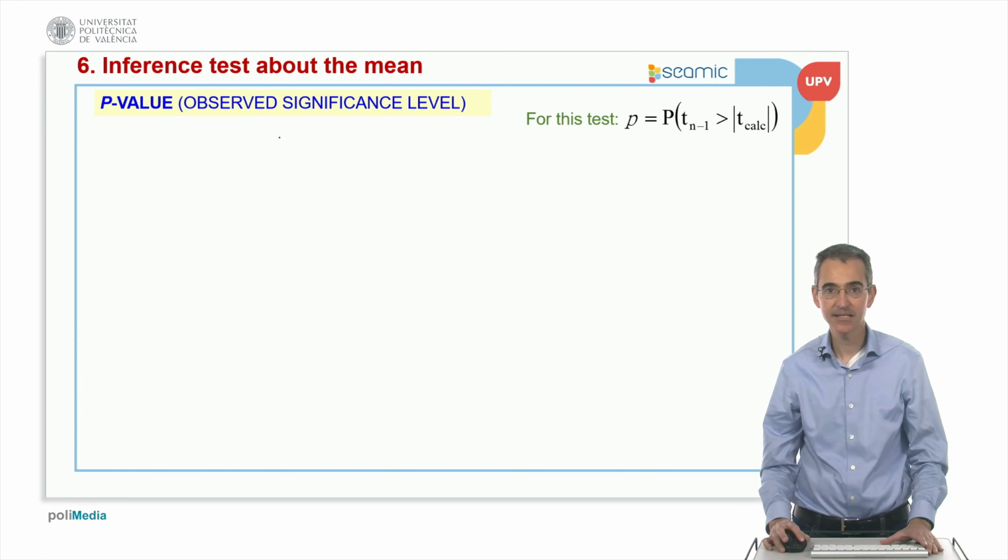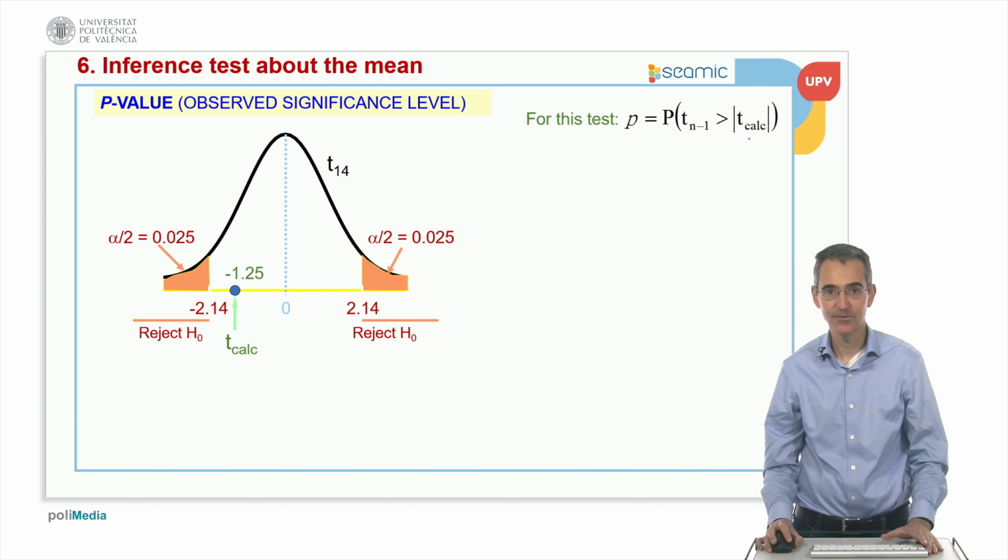In this kind of test, the p-value is computed as the probability that a student t-distribution with n-1 degrees of freedom is bigger than the computed t, in absolute value. What does it mean? Maybe graphically it's easier. We have the calculated t, which in this case was minus 1.25.